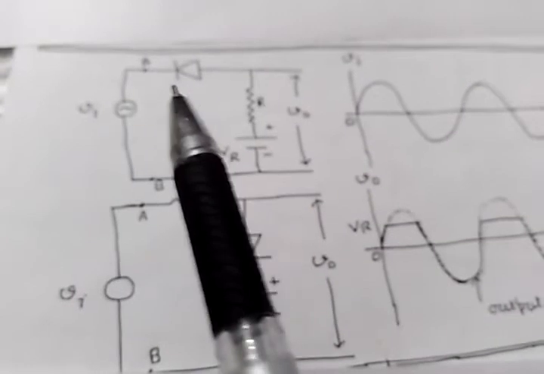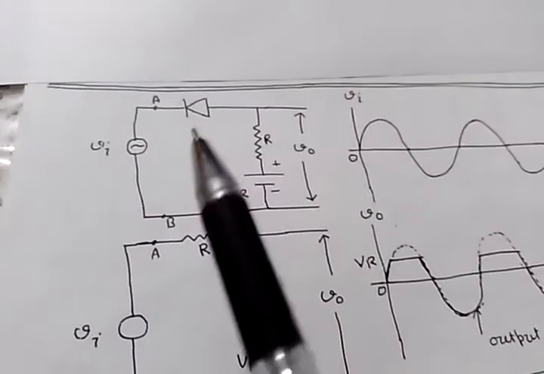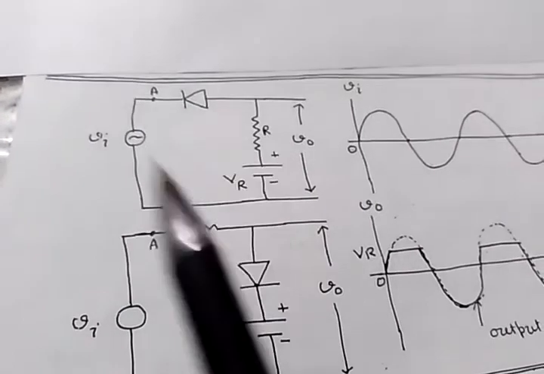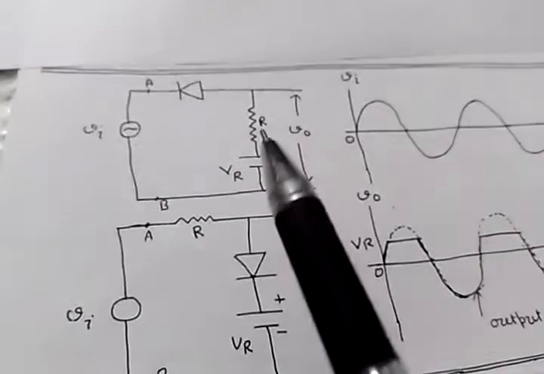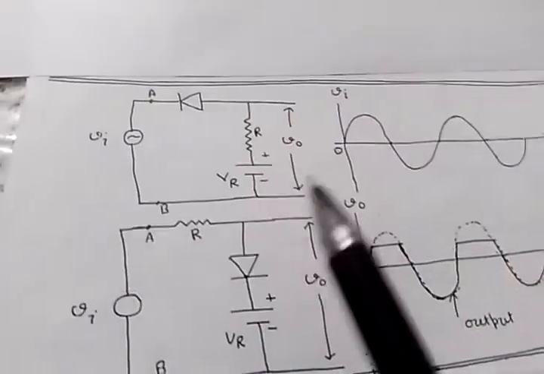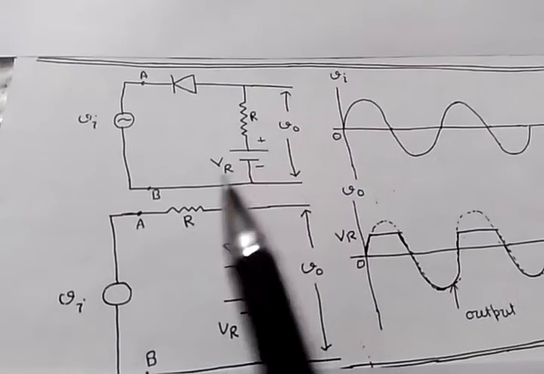So this diode will be in reverse biased condition, can be replaced by open circuit, means circuit will break, no current will flow through this resistance R. So voltage across this resistance will be 0. Hence output voltage will be same as this reference voltage.